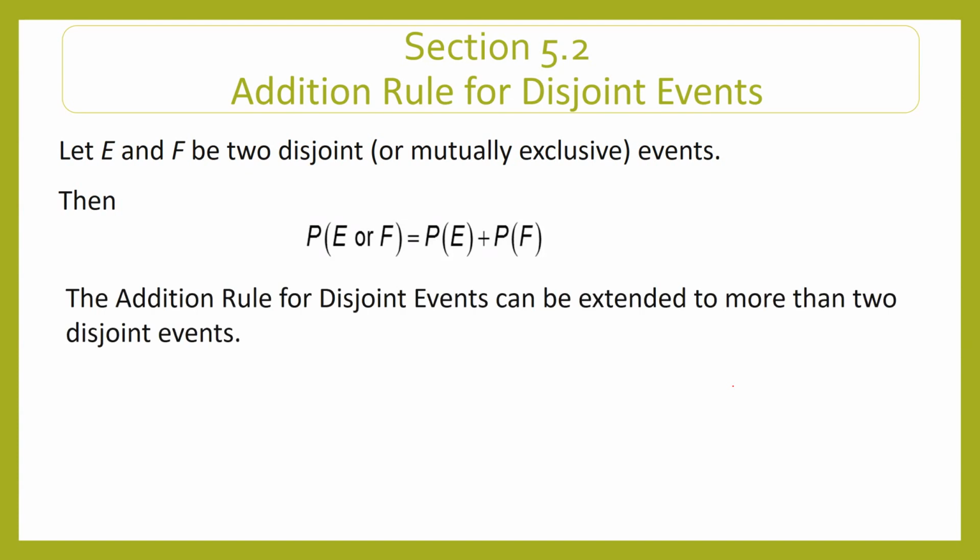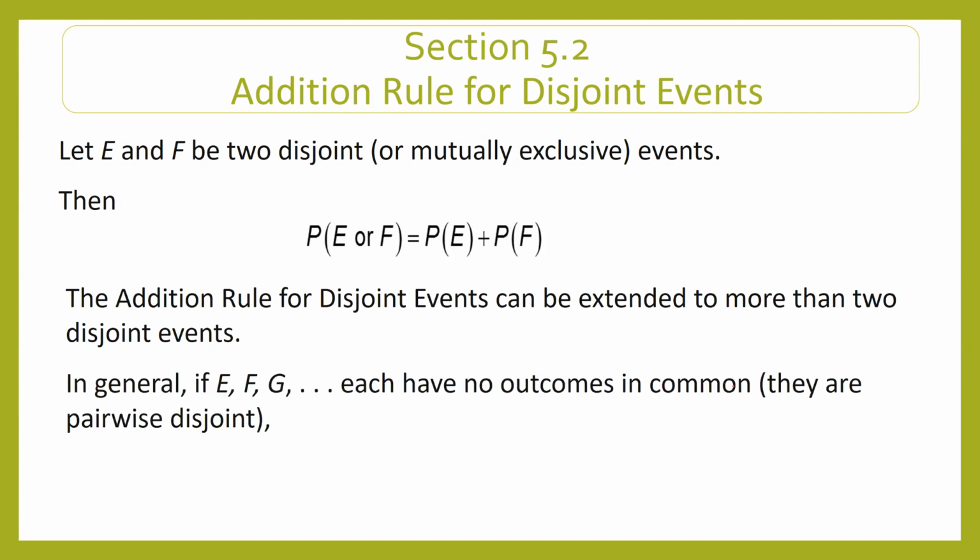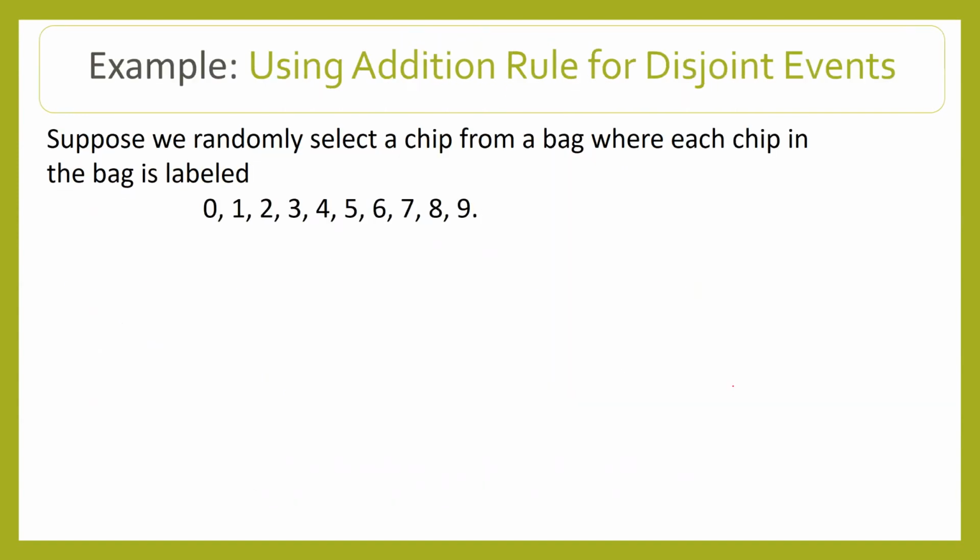This can be extended to more than two disjoint events, and the same formula extends to that. So probability of E or F or G and so on is equal to probability of E plus probability of F plus probability of G, and so on.